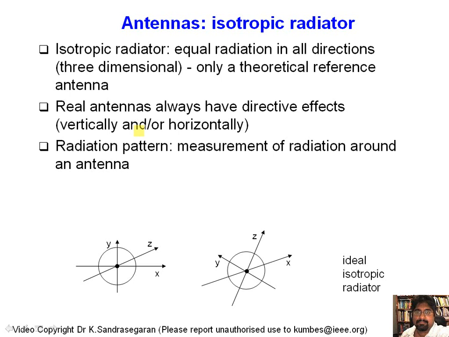Okay, so if you look at that diagram there, on one side you will see an omnidirectional antenna, and on the other side you have a directional, sectored antenna. Now, for the omnidirectional antenna, they have drawn a radiation pattern.